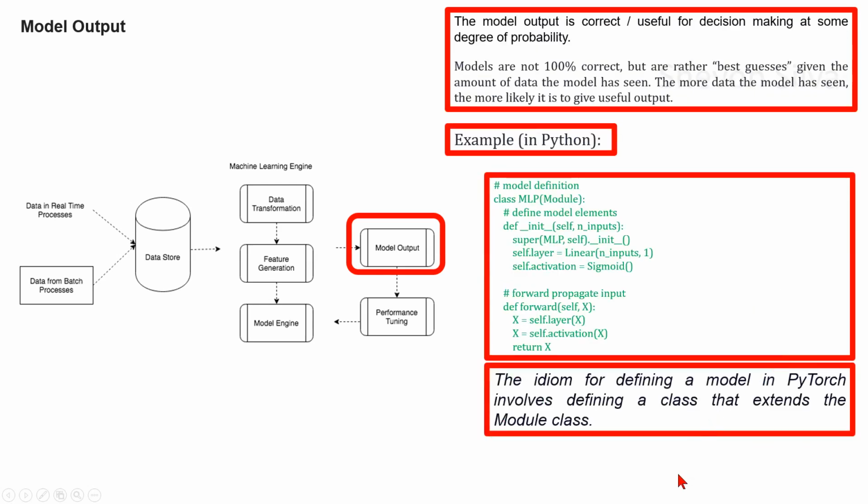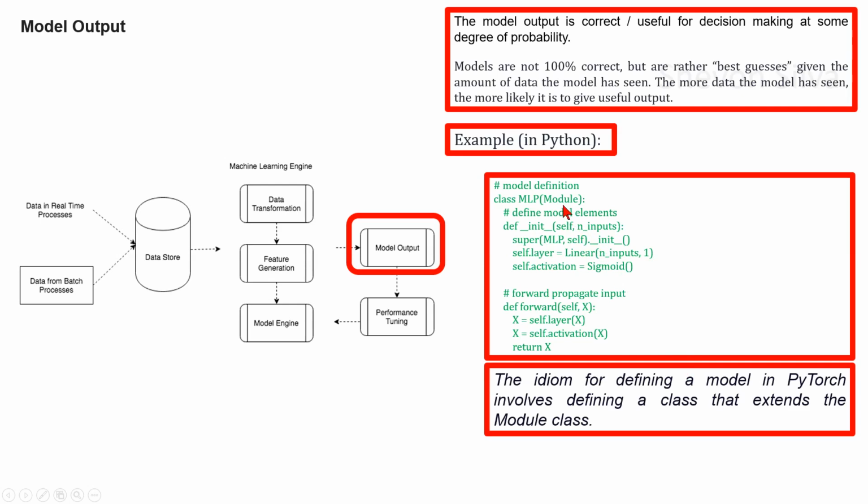Here we can consider this Python code segment as an example. The idiom for defining a model in PyTorch involves defining a class that extends the Module class.